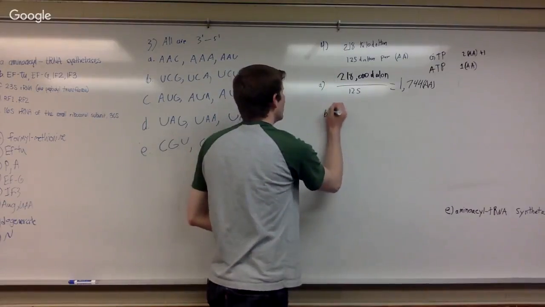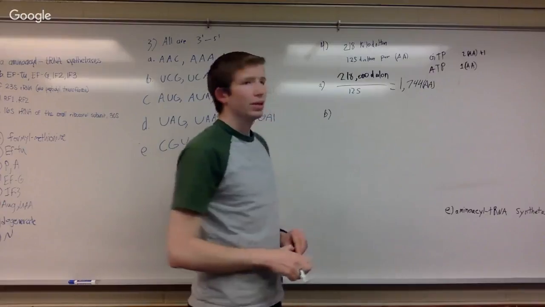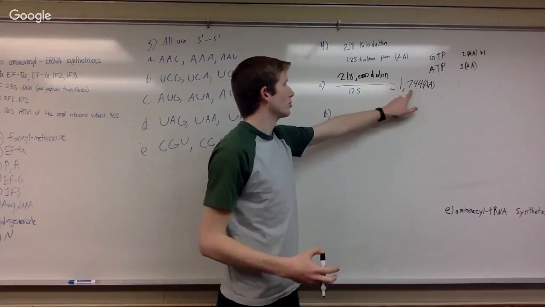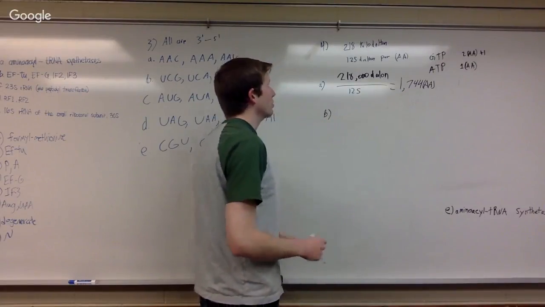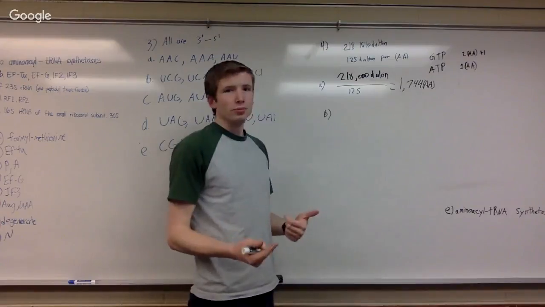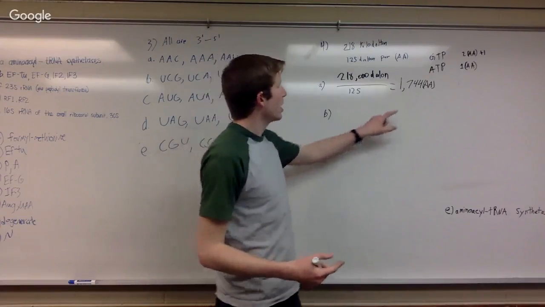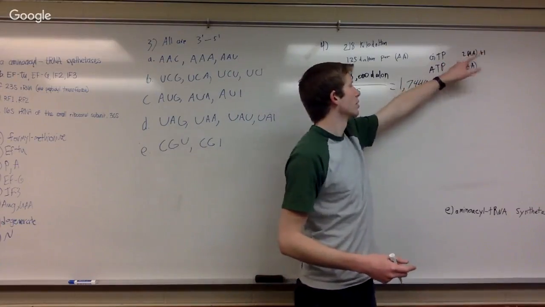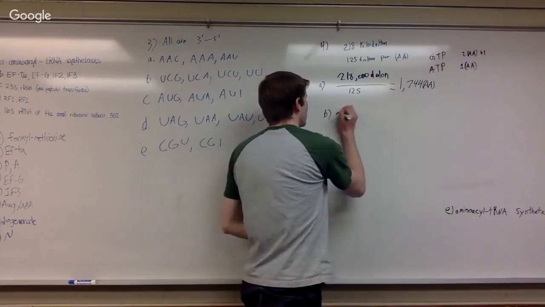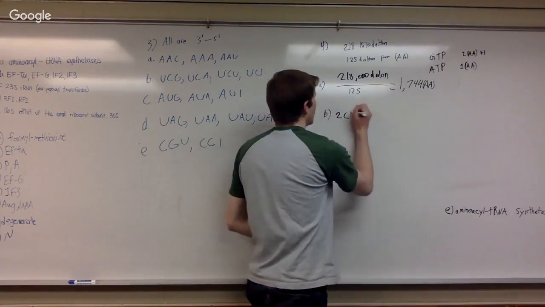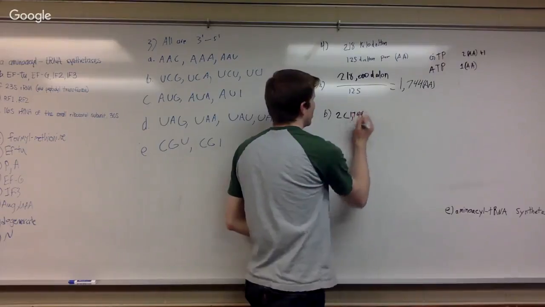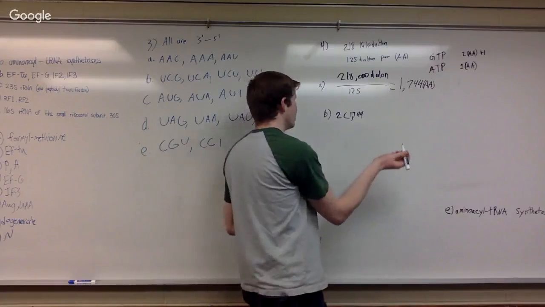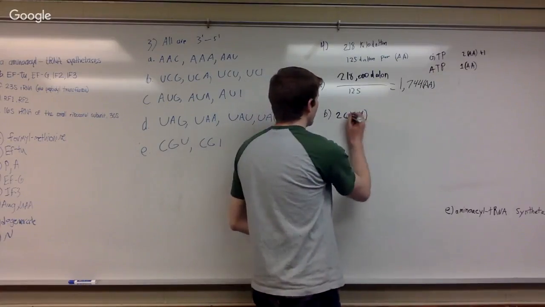Now, for part B, we're trying to figure out how many GTP need to be used to form this protein. And so for GTP, when we have our initial, we actually add one amino acid. So I kept it in here instead of writing it separate. So it's just 2 times the 1,744 because that includes the Met amino acid onto it.